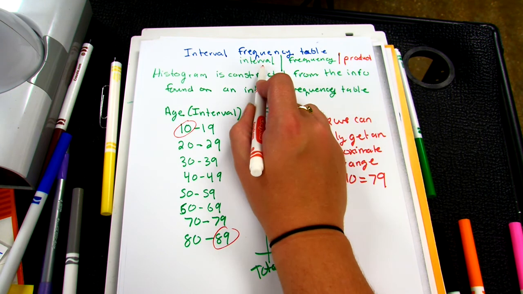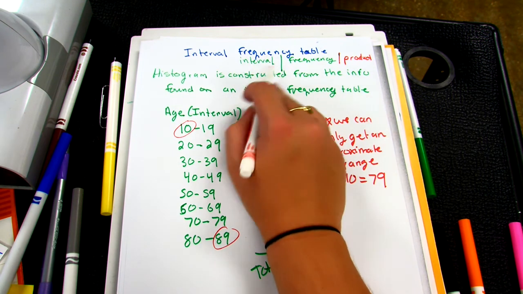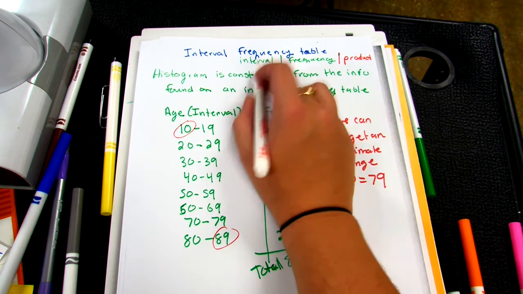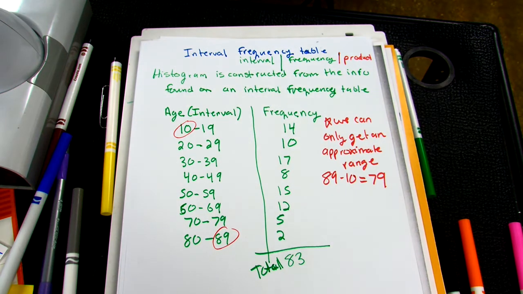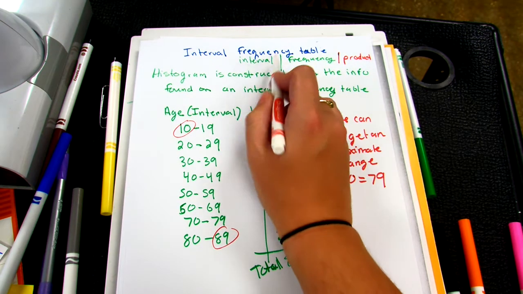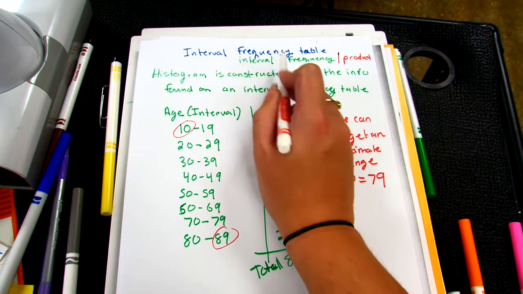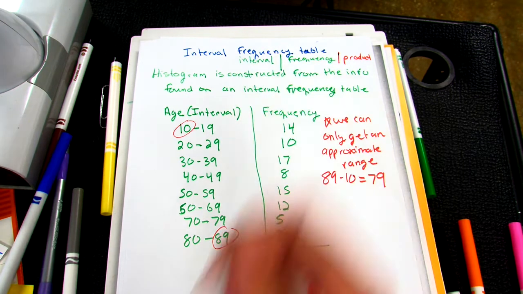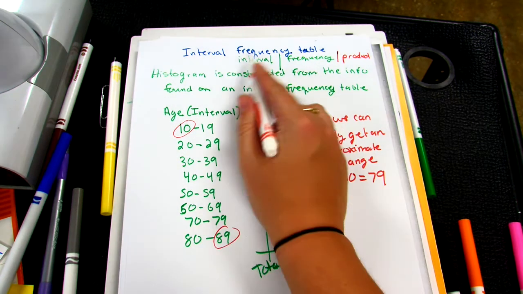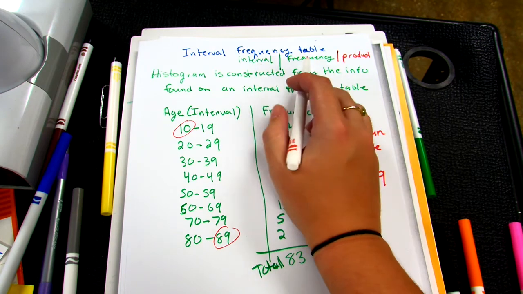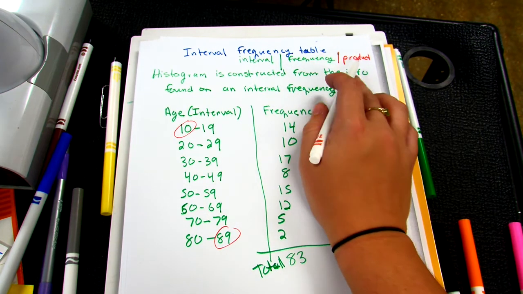But we don't have data. We only have the interval of the data. We have the frequency, but we don't have the data. So what we're going to do is take the midpoint of that interval and let that be our data, so we can multiply it by our frequency to get the product.